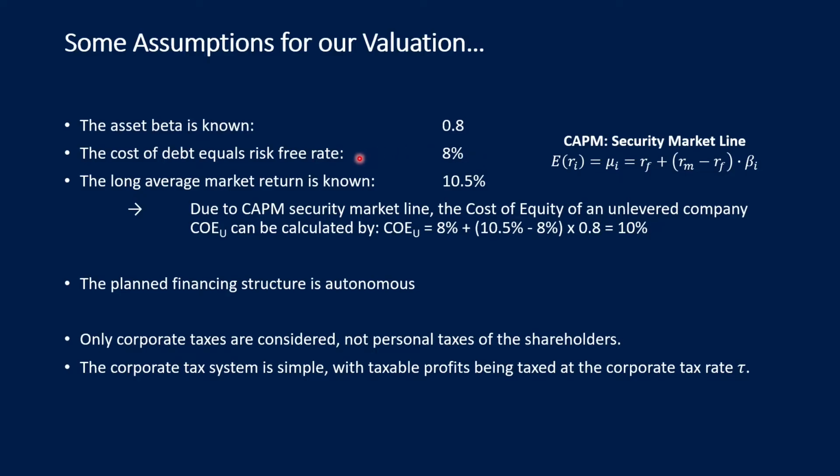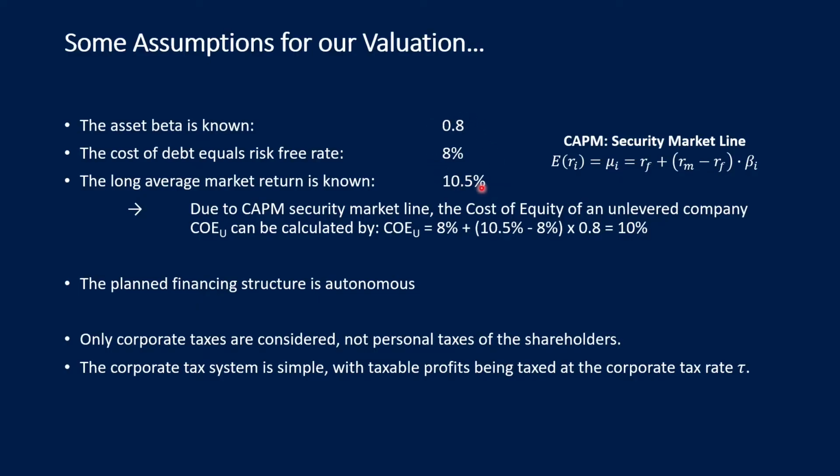Why does it have to equal the risk-free rate? Otherwise, we would leave the Modigliani-Miller world and end up in some trade-off theory world like Kraus-Litzenberger, but this is usually not implemented in our DCF models. And the long-run average market return, rM, is 10.5%.